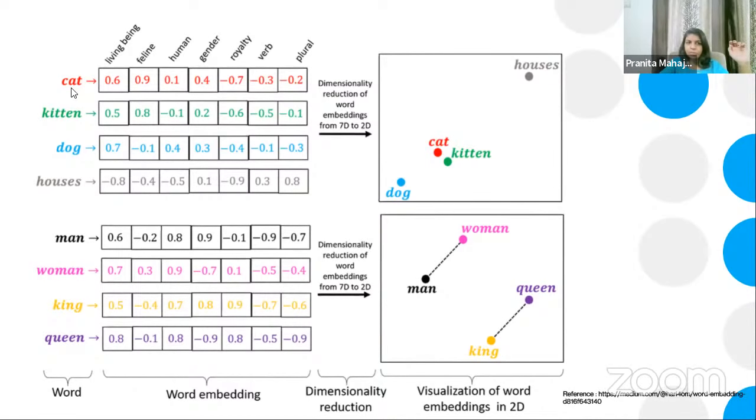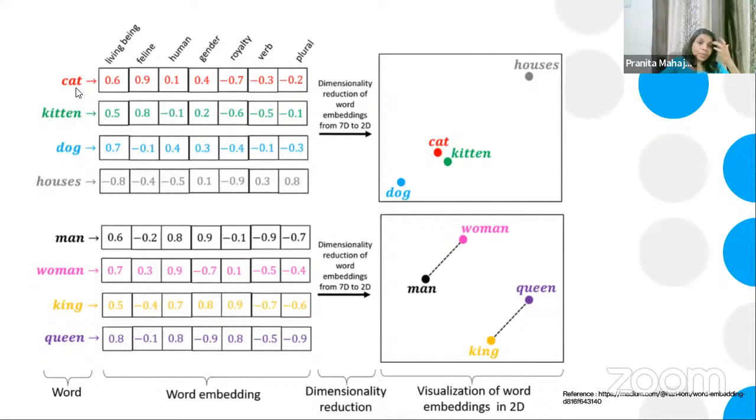For example, if I want to represent the cat keyword, then with respect to the dimensions living being, feline, human, gender, royalty, verb, plural, right? These are the dimensions, or to understand it easily, we can say these are the characteristics with respect to which I can represent the context of this particular word.